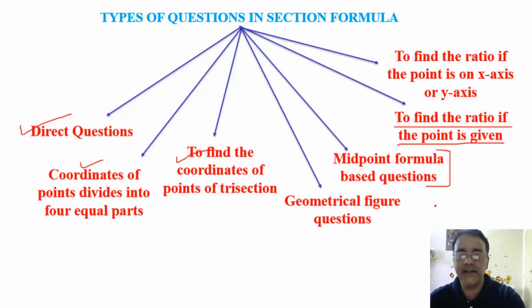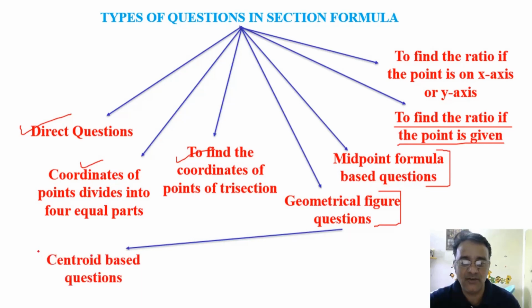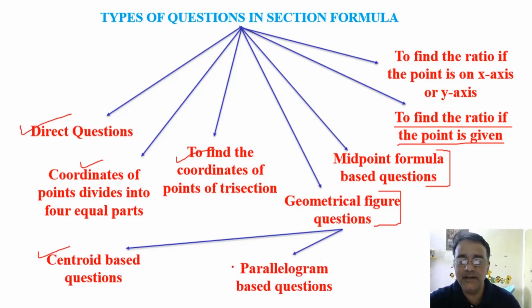So while taking up the CBSE board questions in revision number 3, I will take some questions based on centroid also. Here in geometrical figure based questions, one is centroid based question, the second one is parallelogram based questions, and the third one is circles based questions.